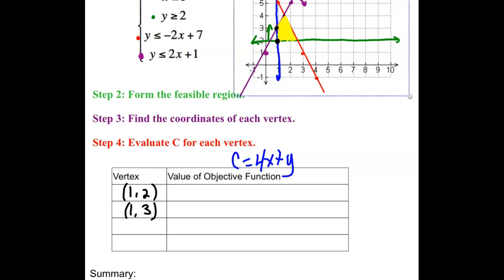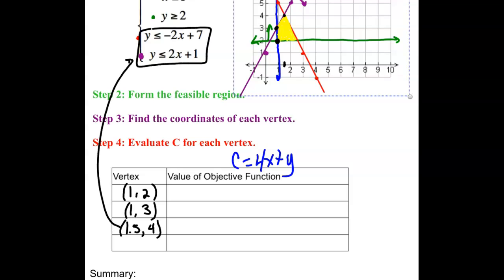Now, this point appears to be about 1.5 for the x coordinate and 4 for the y coordinate. We do want to make sure and check that. That is where the green and the red lines are intersecting, which means it should work in these two inequalities.